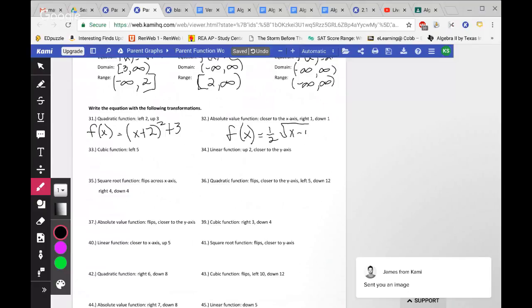Oh, oops. It's not square root. I messed that all up. It's absolute value. My bad. So it's absolute value of x minus 1. Yes. Okay, 33 is f of x equals x plus 5 cubed. Yes.